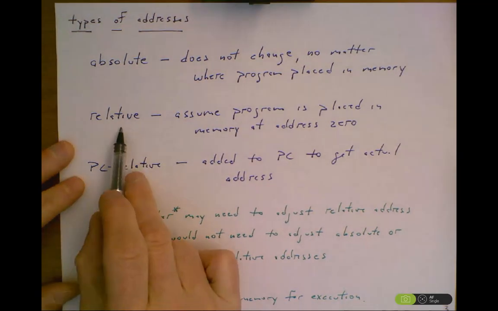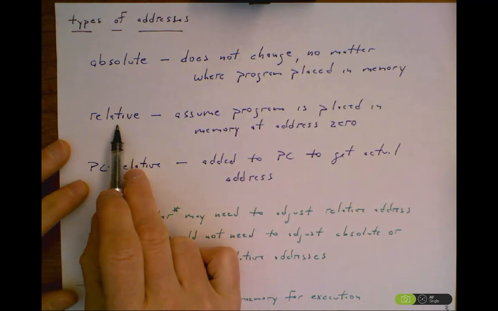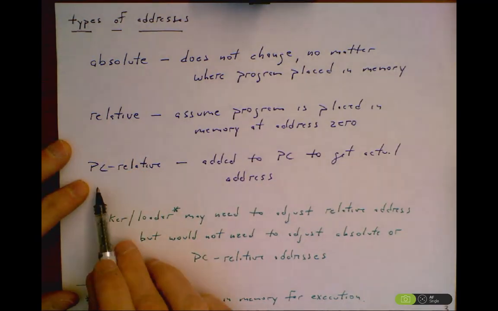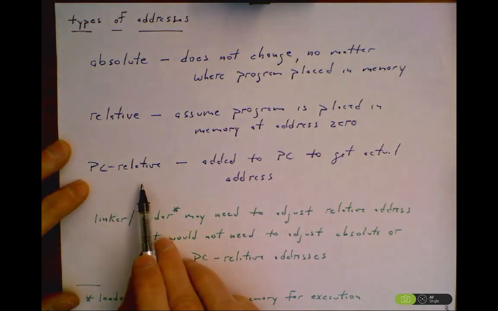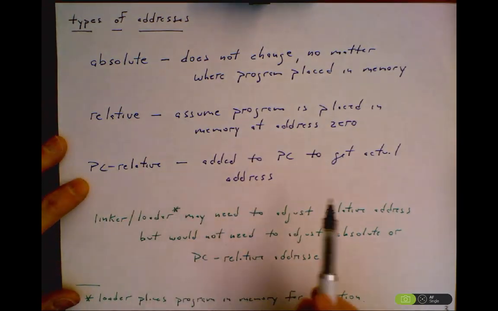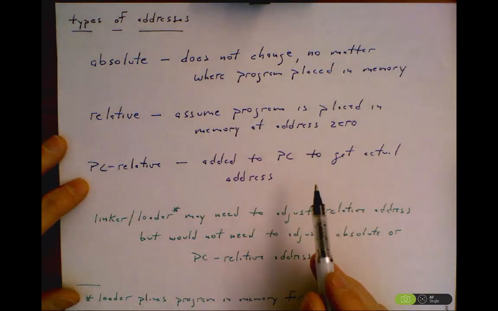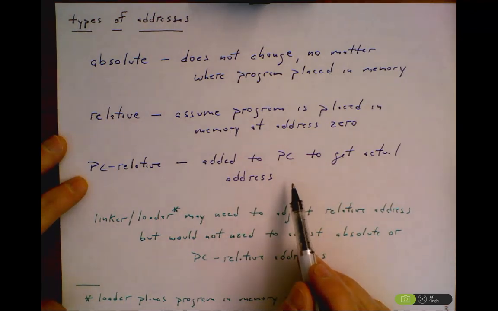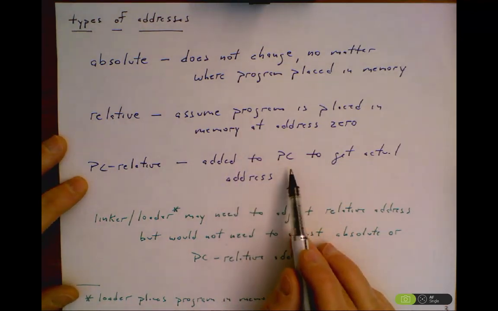Okay, we'll see those kind of addresses in the examples we do today. And then, since you've looked at the VM520 machine, you know there's PC relative addresses. So the bits inside of an instruction that contain an address are meant to be added to the program counter in order to get the absolute address.